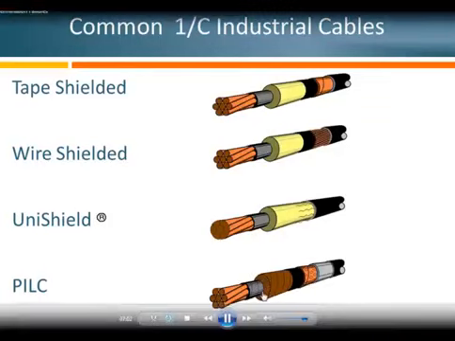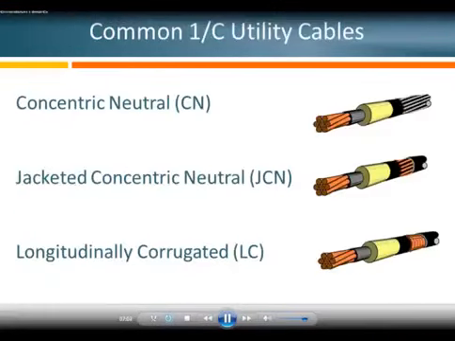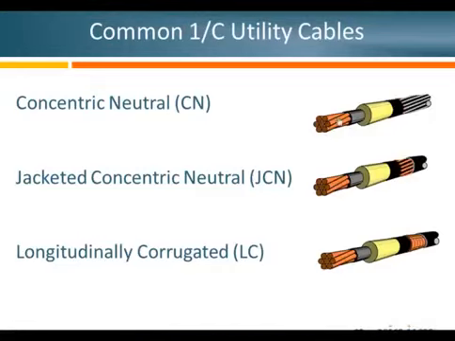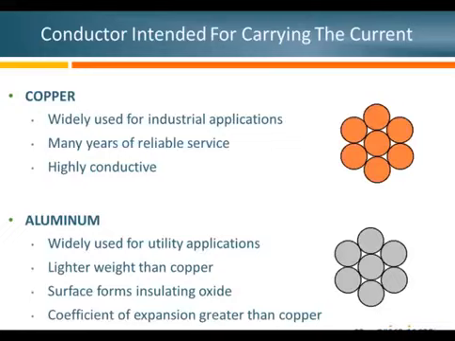And you have some PILC in both utility and industrial applications. More common utility cables are your concentric neutral, which most are jacketed concentric neutral now. You have a jacket over your neutrals, or you have a longitudinally corrugated type of shield on the metallic.